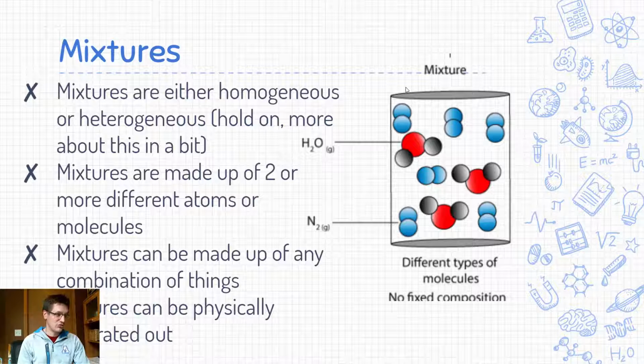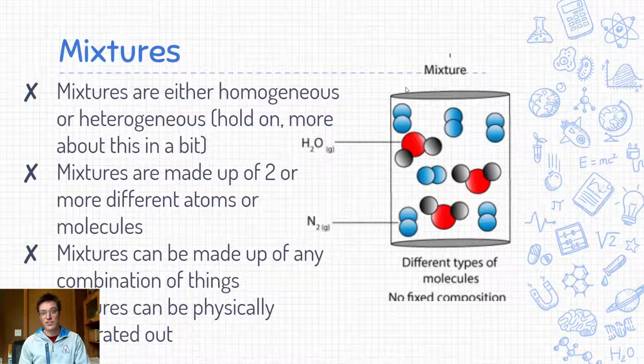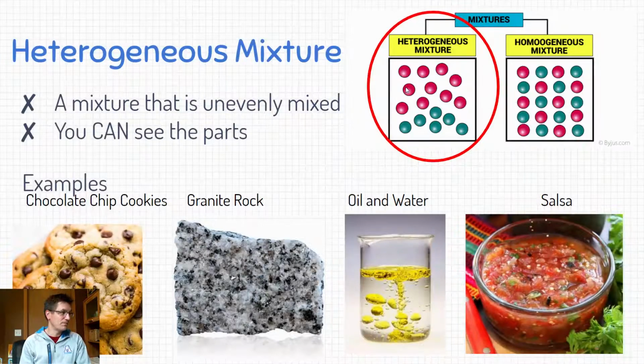That's why it's called a mixture. With a mixture, you can separate the pieces of the mixture using physical processes like boiling or freezing or filtering or just hand picking pieces of the mixture apart. You don't need a chemical reaction to separate out a mixture. You can use physical processes.